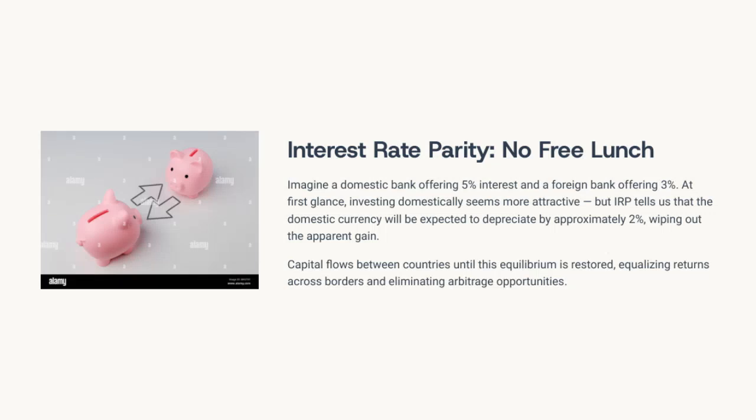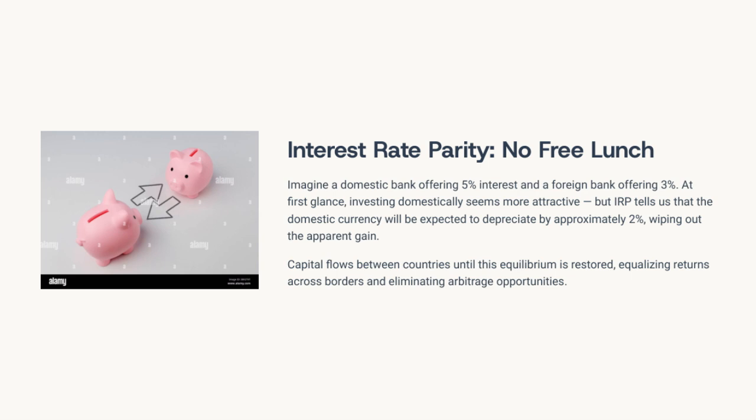Let's talk about how capital flows between countries work until this equilibrium is restored. Essentially, these flows help equalize returns across borders and eliminate arbitrage opportunities. Now imagine a situation where a domestic bank offers a 5% interest rate, while a foreign bank offers just 3%. At first glance, investing domestically seems more attractive because of the higher return.